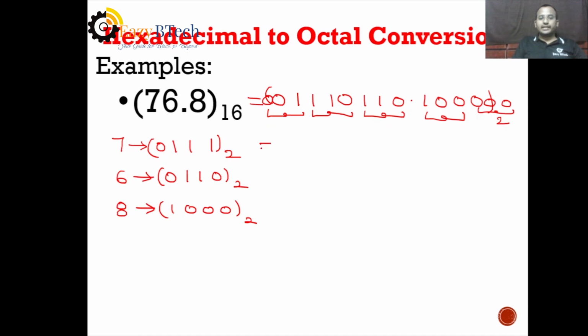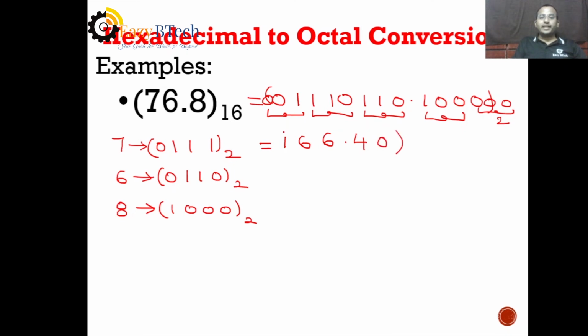Now we will write the corresponding octal equivalent for each 3 bits. So 001 means 1, 110 means 6, again 110 means 6, 100 means 4, and all zeros means 0.